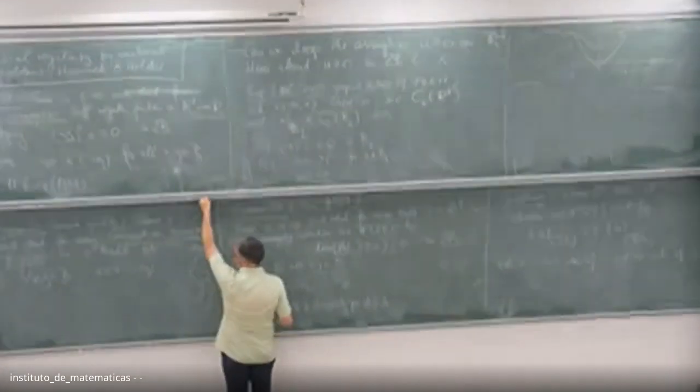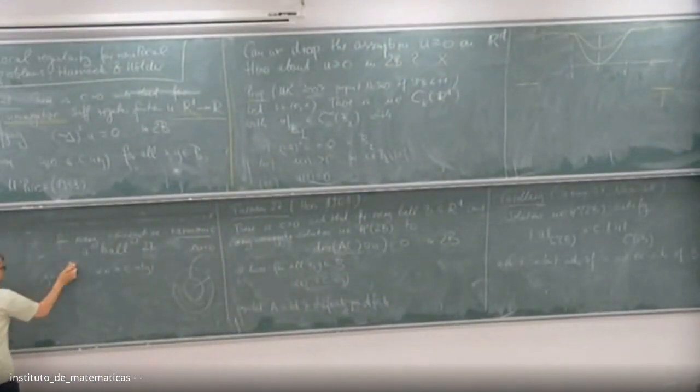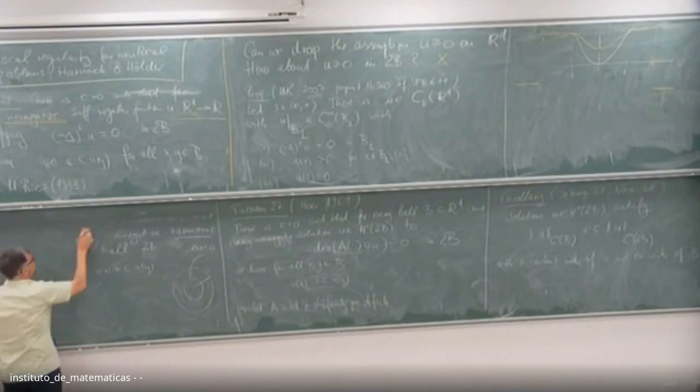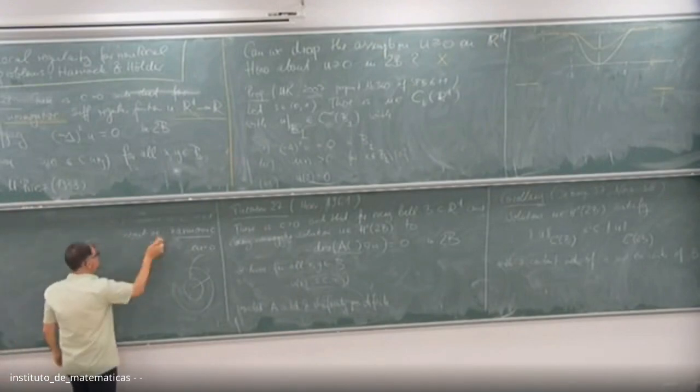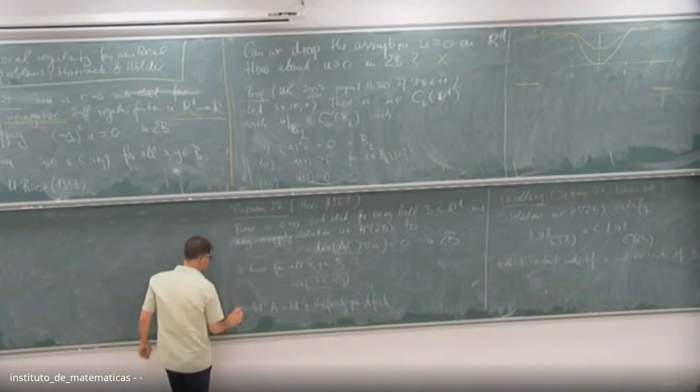So now we go to the parabolic situation. So what about the heat equation? Do solutions to the heat equation satisfy a Harnack inequality? Solutions to the heat equation sometimes are called caloric functions.